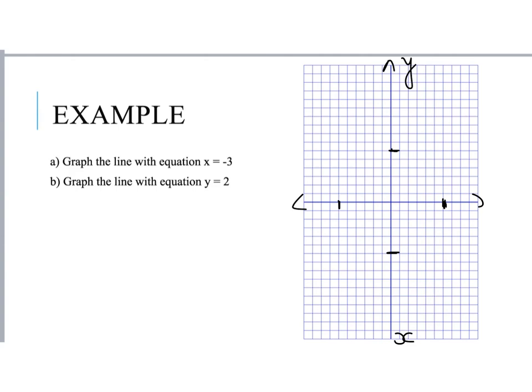Okay, and we're going to get 3, 3, negative 3, negative 3. So the line with the equation x equals negative 3 is going to go through negative 3, and it is going to look something like this when I connect it. So that is the line with the equation x equals negative 3.